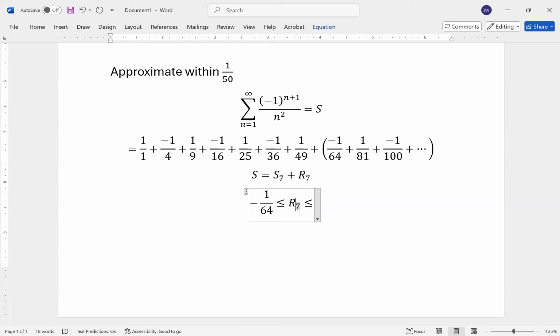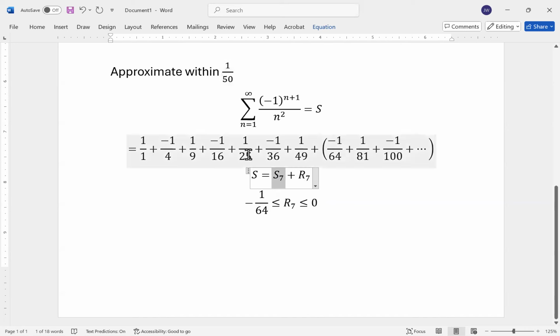It's going to be bigger than negative 1 over 64, but smaller than 0. And that means this 7th partial sum is within 1/50th of the S.